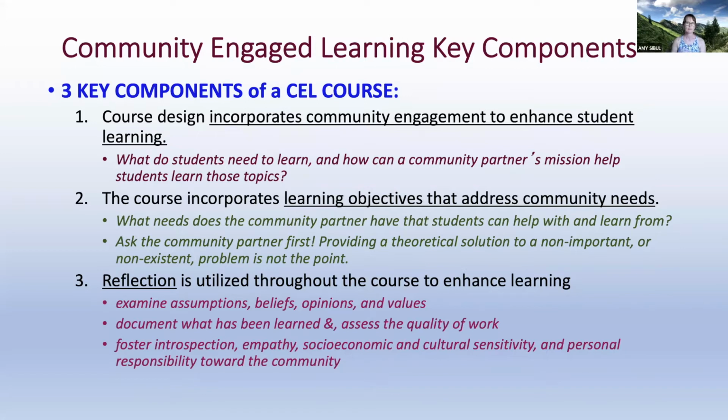Often it's with something like an agency or a nonprofit organization or maybe a freestanding health clinic. Sometimes it's even with an entity on campus that also partners with those that are off campus. So what do you need to learn in that class? How can a community partner's mission help you to learn those particular topics within the class? And then the flip side of that is that it's not just all about student learning, it's about meeting the needs of the community, whatever that community member might be.